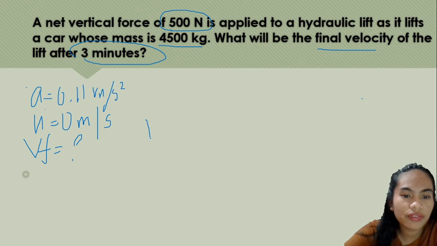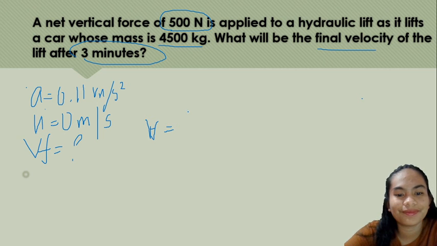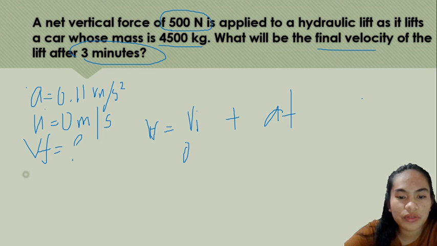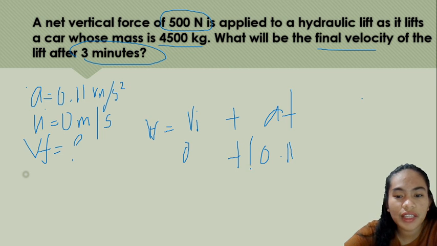Okay, so Vf is equal to Vi plus a times t. So, Vi is equal to 0 plus acceleration, which is 0.11, times time, 3 minutes.